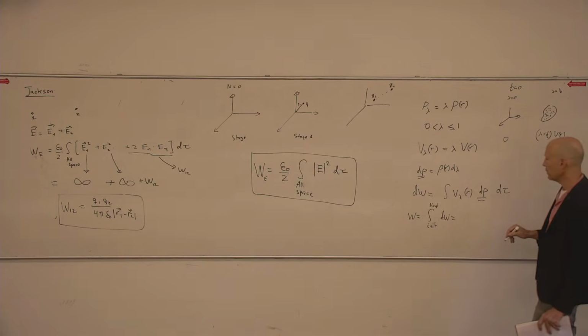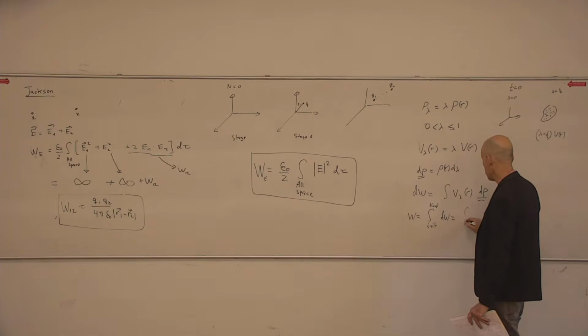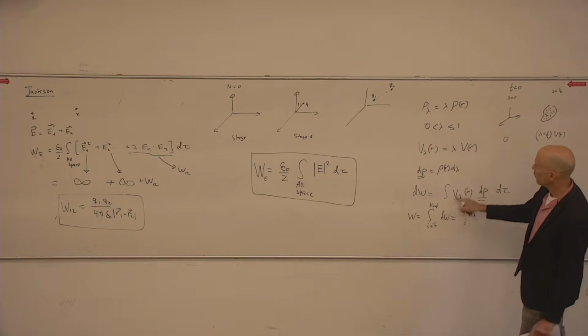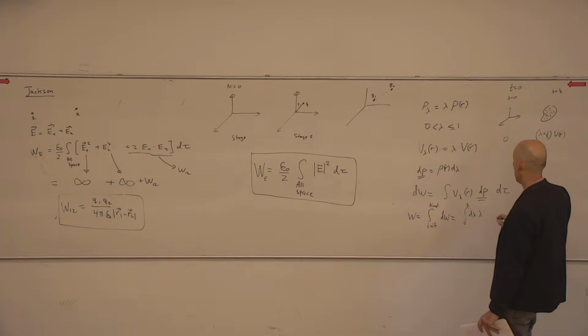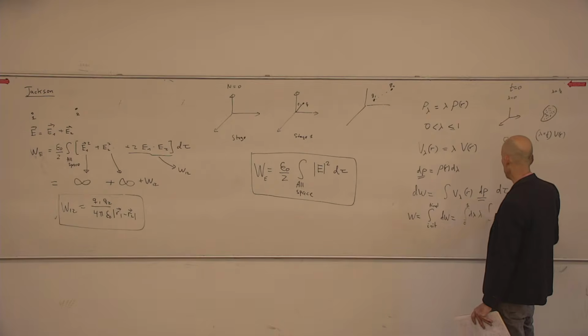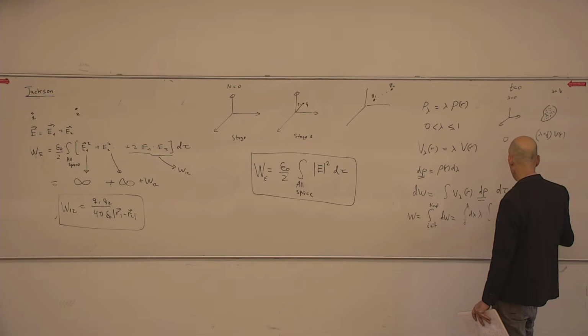I integrate over lambda, that is from 0 to 1, d lambda. I use the fact that this is proportional to lambda here. So I have here lambda. And then I have integration, this delta rho is this rho, d tau over all space.